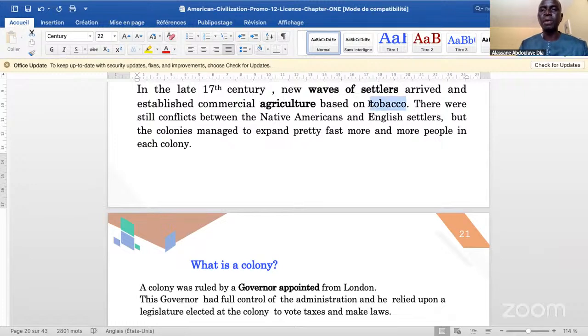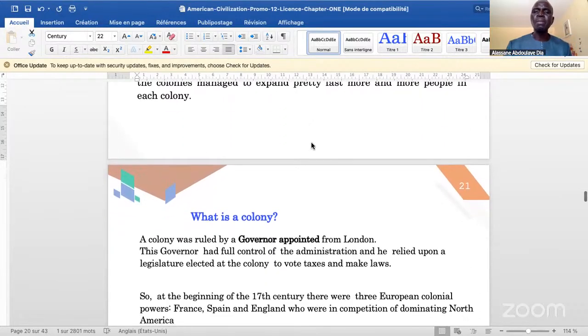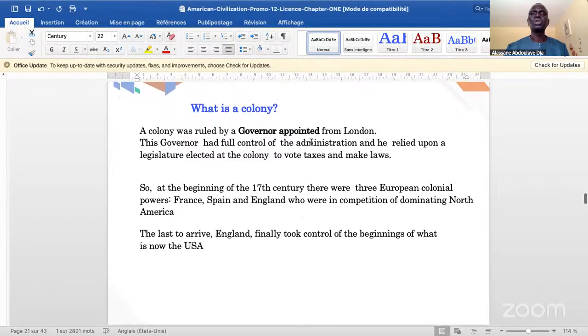And with that agriculture, most of the time, they produced tobacco. There were still conflicts between Native Americans and English settlers, but the colonies managed to expand pretty fast and with more people in each colony. So the problems persisted, but they continued exploring and occupying the land.